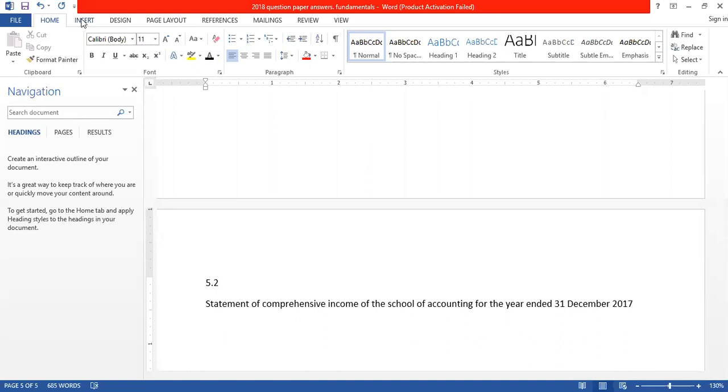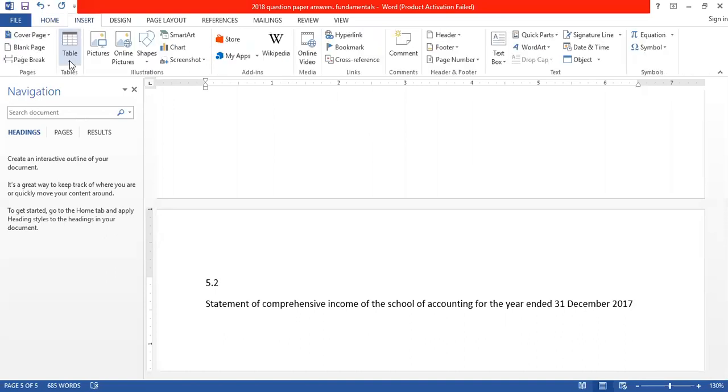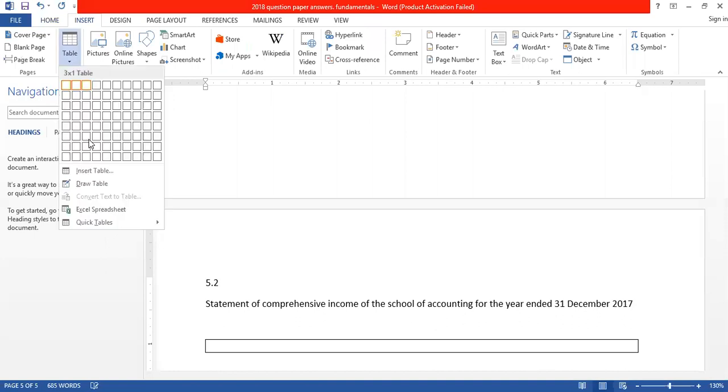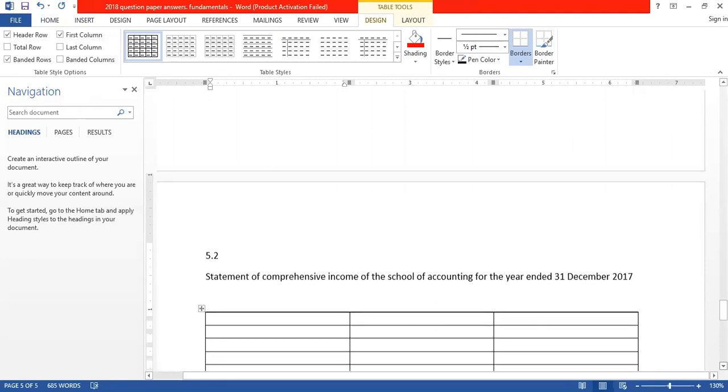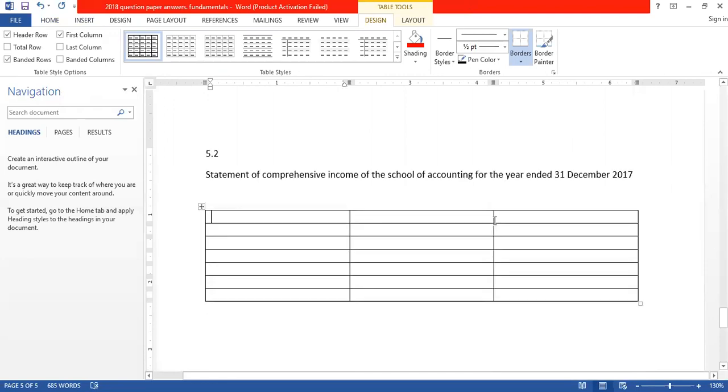So I'm quickly going to draw up our table. It's always a 3-column table, whereby you first start off with your sales amount.